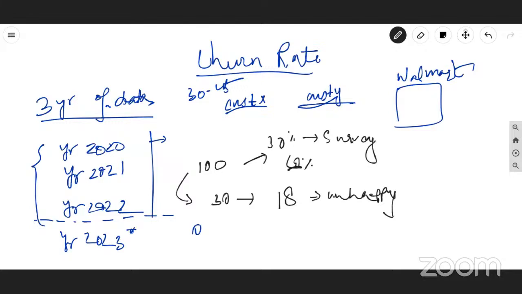But now the challenge is your actual churn rate is 60%, but when you try to map this 18 with the 100, it becomes 18%, which is incorrect, because 70% of the customers didn't fill the survey, right?